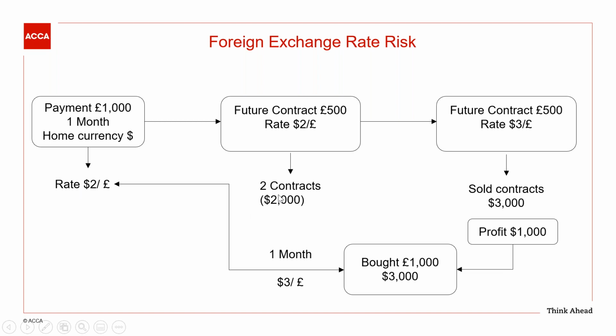It just has to pay $100. That's why people go into the future market rather than buying the currency in advance. So this is what the future trading is. Any questions?